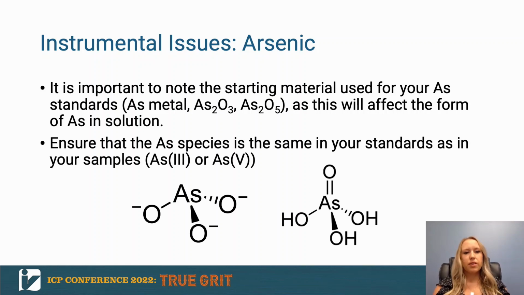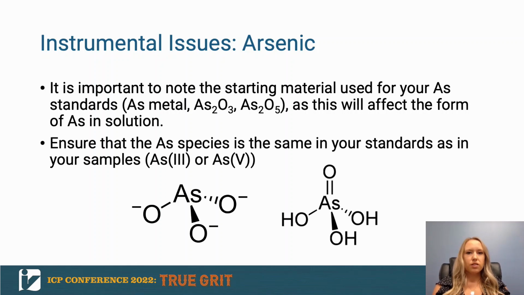Specifically with the arsenic metal, we have to keep in mind that we want to convert all arsenic to the same form. When we react the metal in nitric acid, it first converts to arsenite, or arsenic 3, but the oxidation with the nitric acid will slowly convert it to arsenic 5.